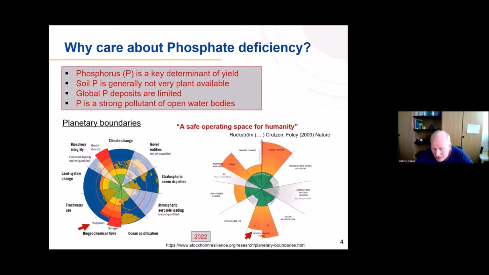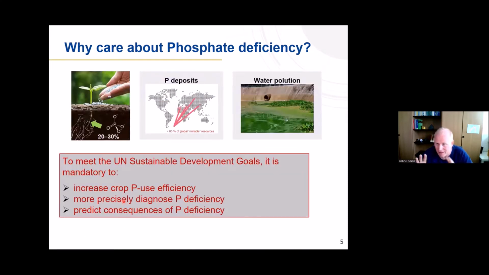Still in the updated version, from 2022 from the Stockholm Resilience Centre, this is considered this way, that the deranged biochemical flows of phosphorus represent a very high risk to planetary health. Okay, so this is in short a wrap up.